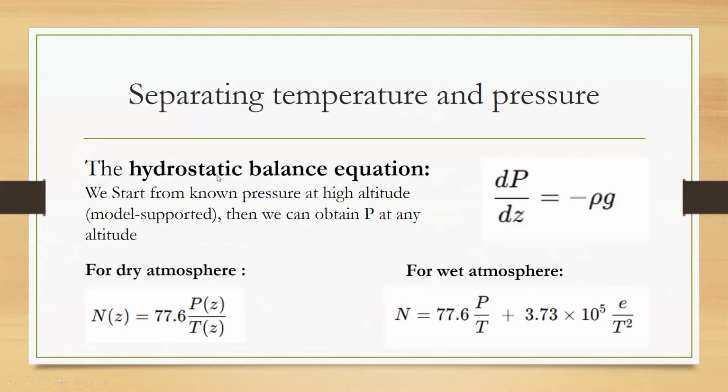And then there's also the hydrostatic balance equation, which is this. Remember, for the dry atmosphere, which is above about 8 kilometers, we have this, and for the wet atmosphere, we have this. So this hydrostatic balance equation tells us the rate at which the pressure changes with altitude.